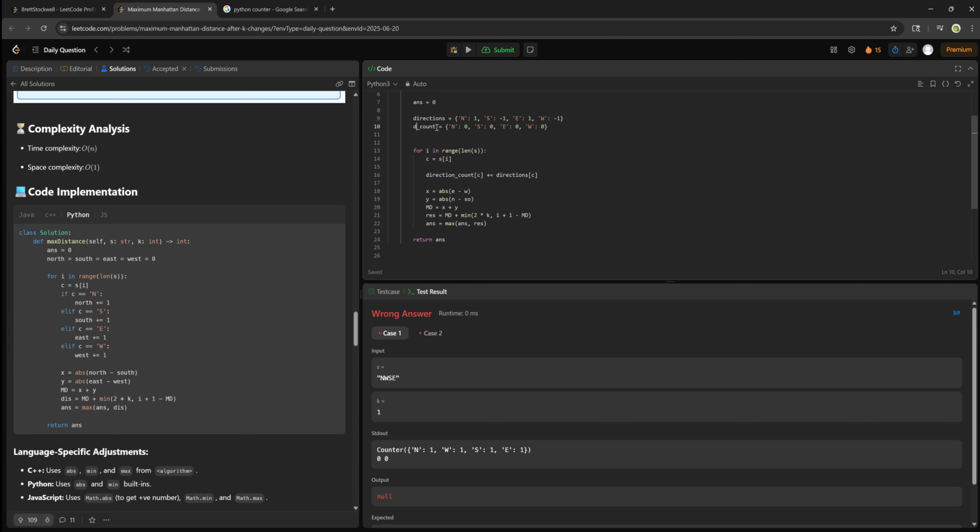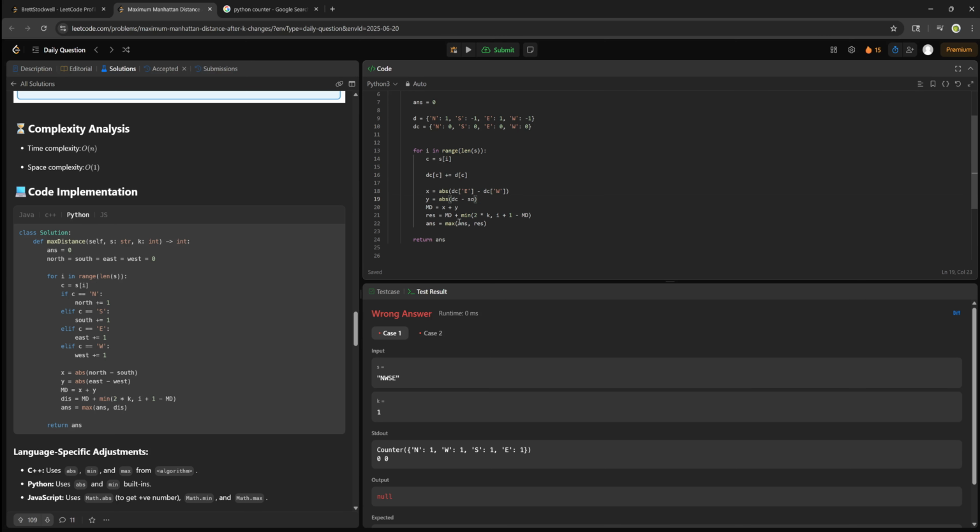Probably need just direction count and directions. Direction count and then D. Just direction count east minus direction count west.